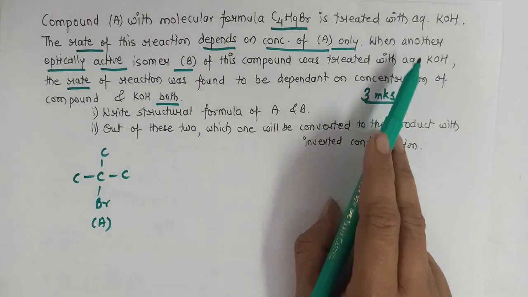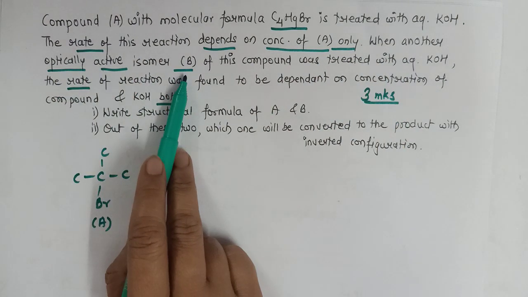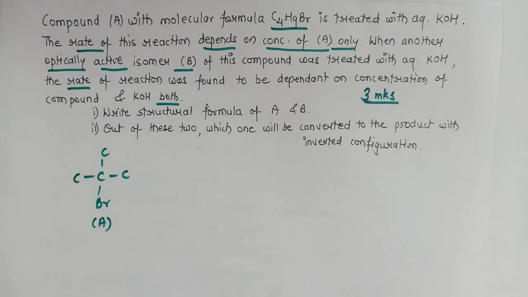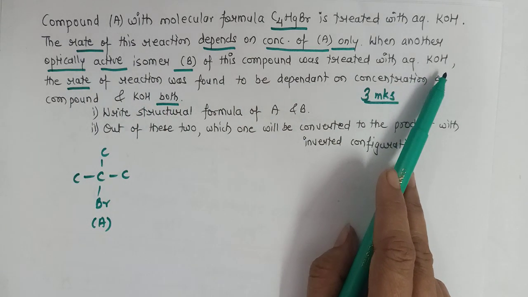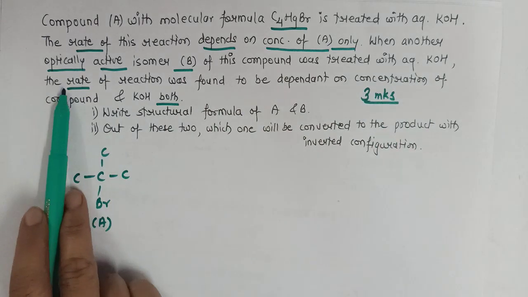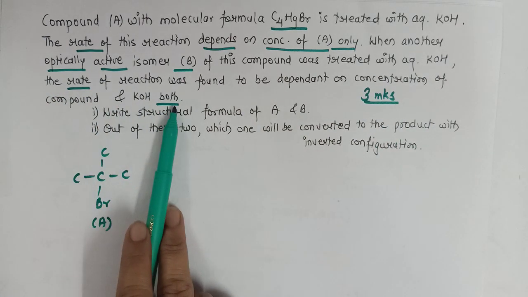Now the second one, another optically active isomer B. Optically active means now this B will have a chiral carbon in it. That means it will have 4 different groups attached to an asymmetric carbon atom. And this is again proved: when it is treated with aqueous KOH, that means substitution reaction, the rate was found to be dependent on both.